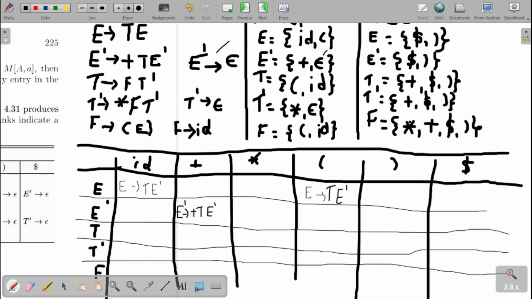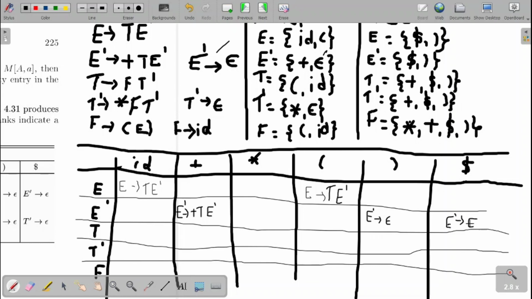Once we get epsilon, only then we need to look at the follow set. What is the follow of E dash? Dollar and the closing parenthesis. For these two, we write this production: E dash derives epsilon. For the dollar also, E dash derives epsilon. I hope it is clear.